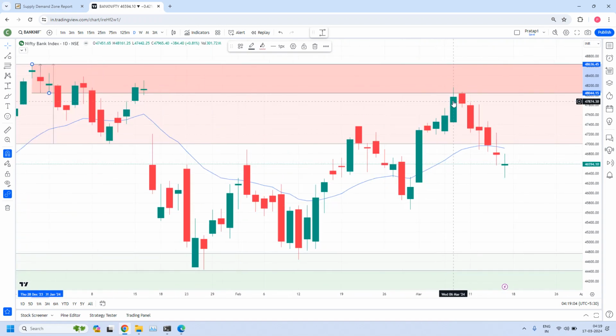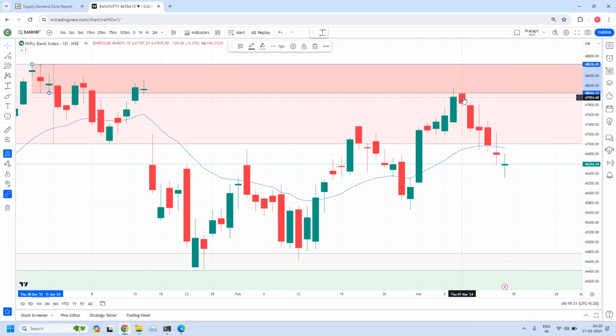See recently what happened on Wednesday, 6th March. Prices entered and then Nifty was down almost the whole week. Every day it has given a negative return.